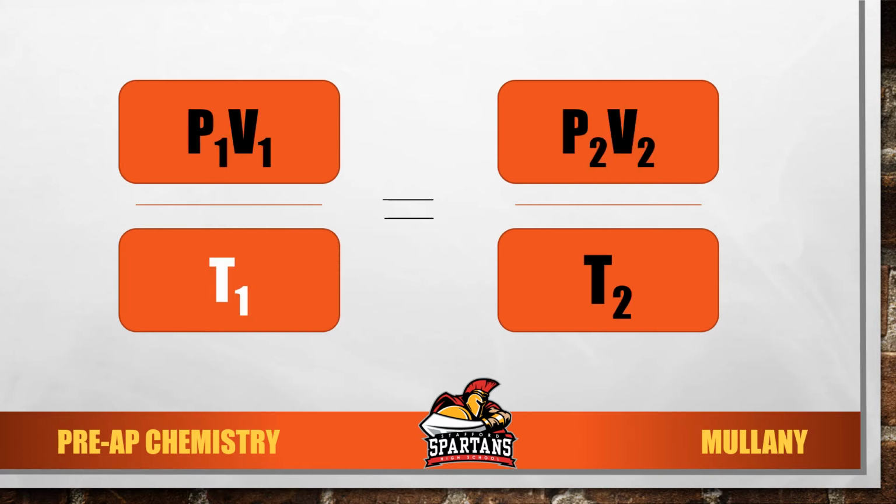Okay, so here we have our complicated formula. And it is more complicated, but really it's not any more complicated because we're going to do the same thing that we do with any of the formulas, and it just looks more complicated.